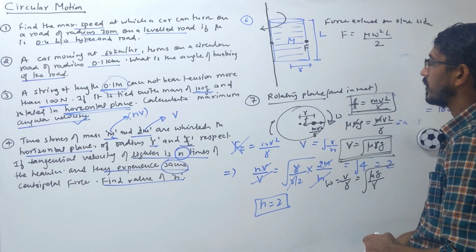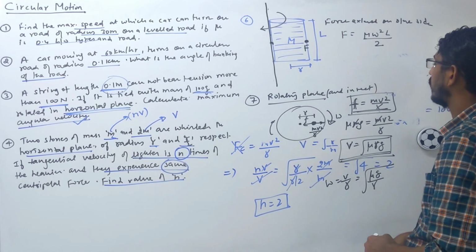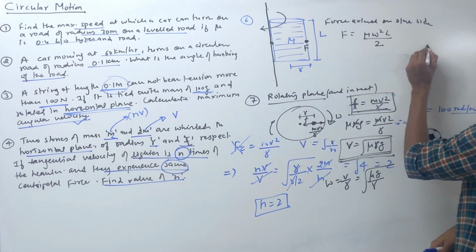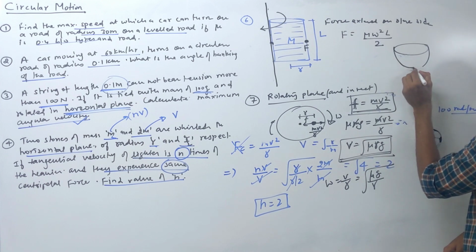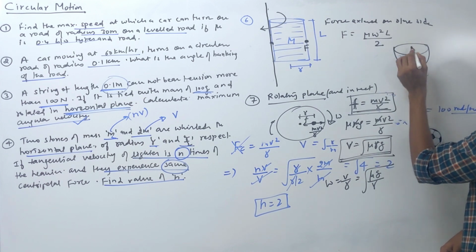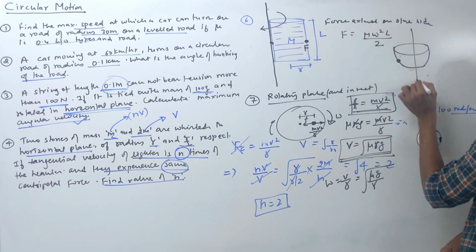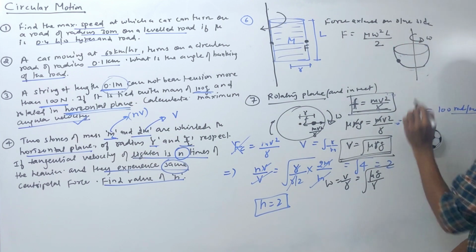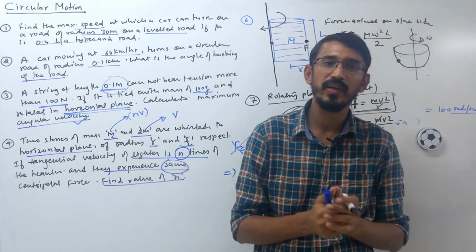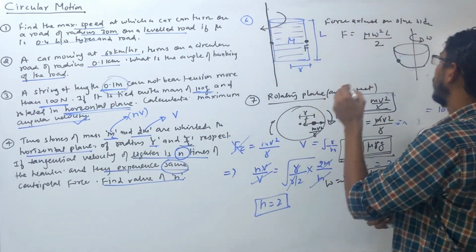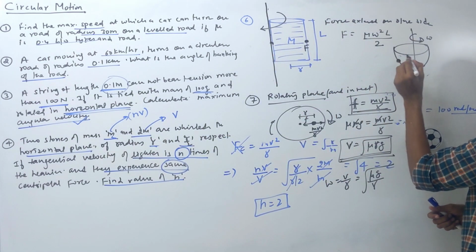One more type of question they can ask you, like the bowl problem, like we have done in our Newton's laws, about how much the insect can climb here. Suppose this bowl is spinning at angular velocity omega. A bowl is there, spinning with some angular velocity omega. Then if you put some object here, it will remain stationary here, right?